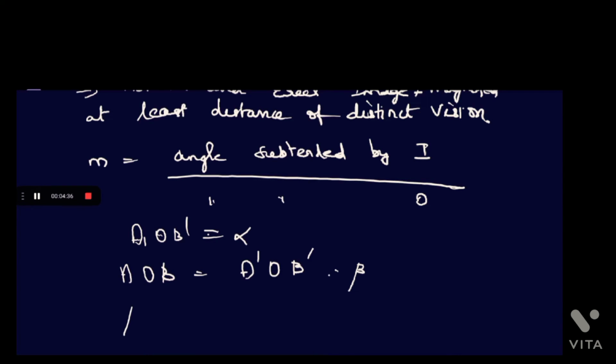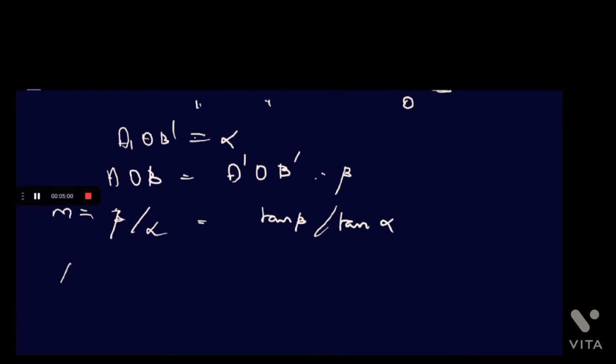According to the magnification concept, M is nothing but the angle subtended by image to the object. So beta by alpha, which is nothing but tan beta by tan alpha, and for small angles, tan alpha or tan beta can be approximated as alpha and beta.